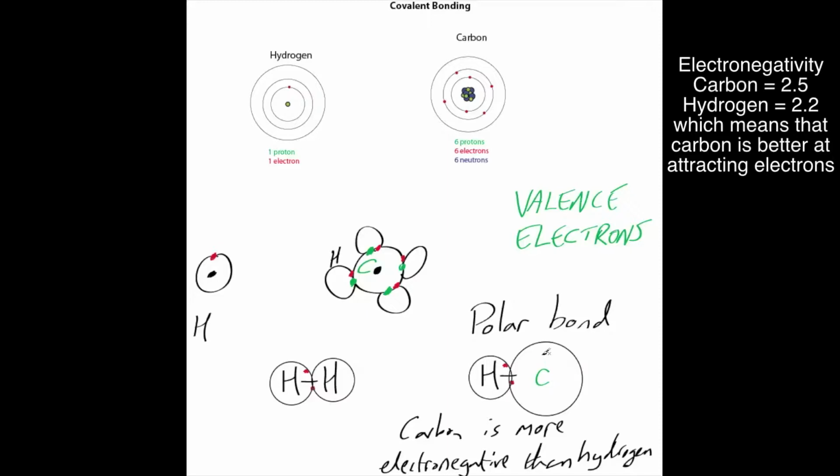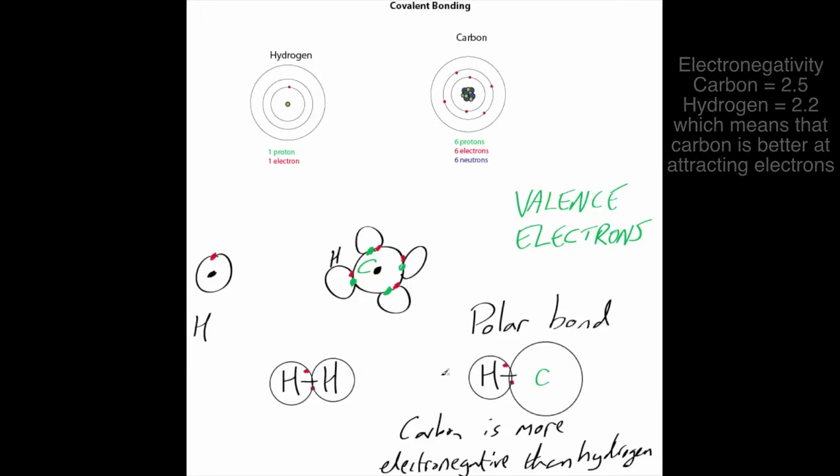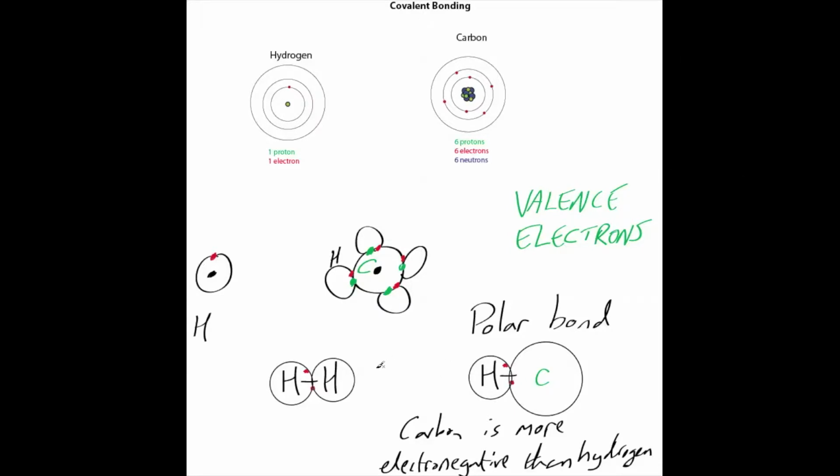Now the extreme of a polar bond would be an ionic bond, because really the electrons are dragged that far over that they actually sit on the atom. So if you remember the tutorial on ionic bonding, where the sodium chloride, for example, has a nice crystalline structure made up of sodium atoms, sodium ions, should I say. An ion is an atom that's either gained charge or lost some charge.